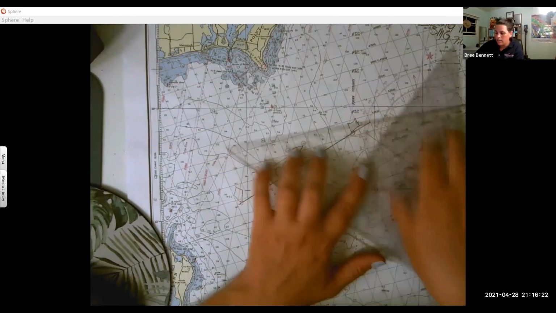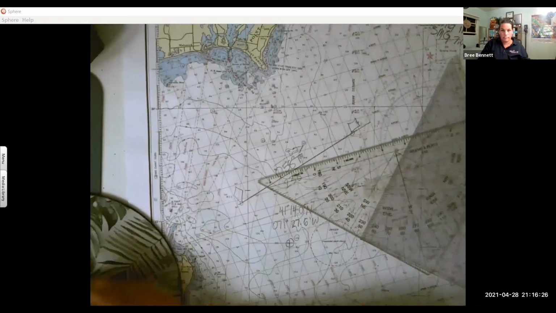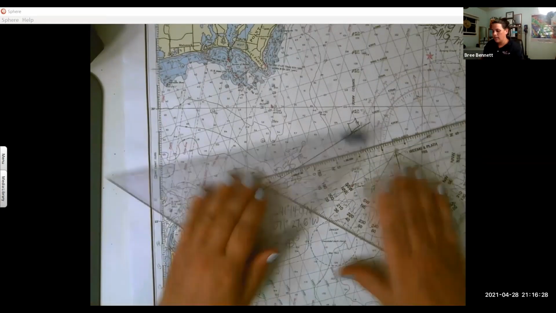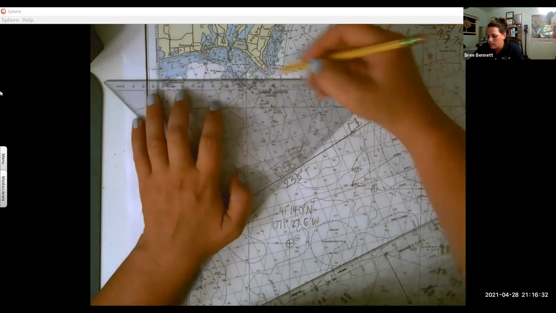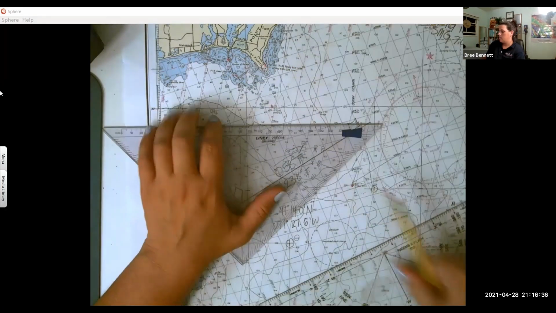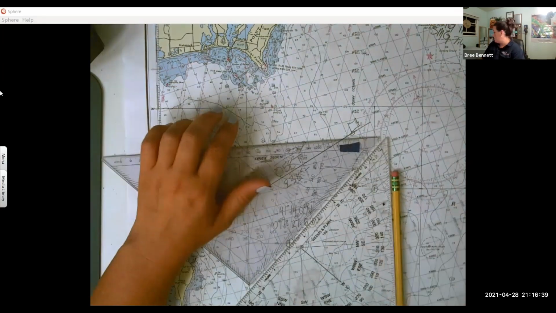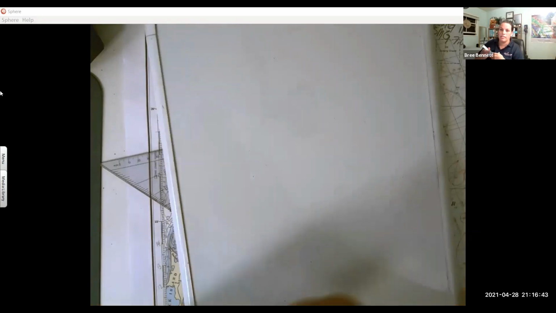Okay, so here's our Point Judith. And I want to get the latitude and longitude. So my quick way of doing that, I put my pencil on the light. So this is a light. Remember our difference.